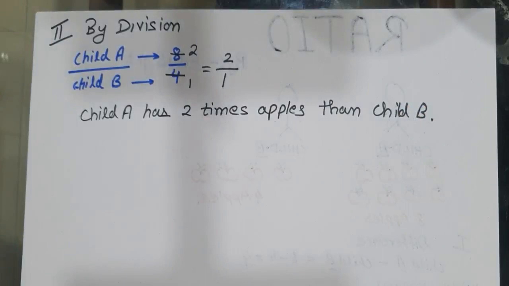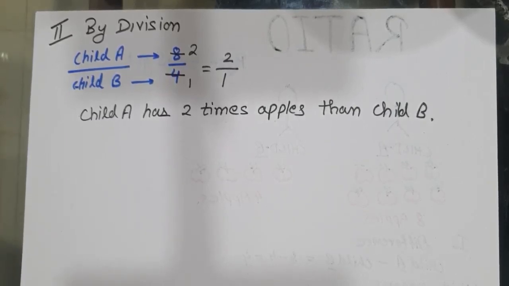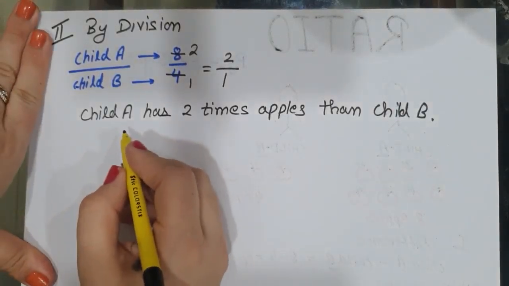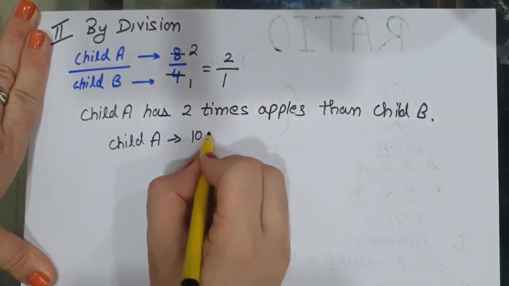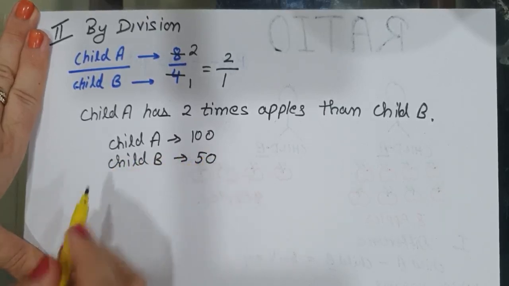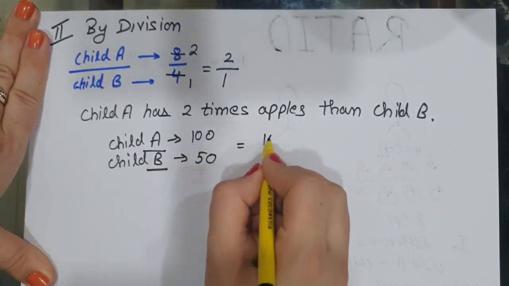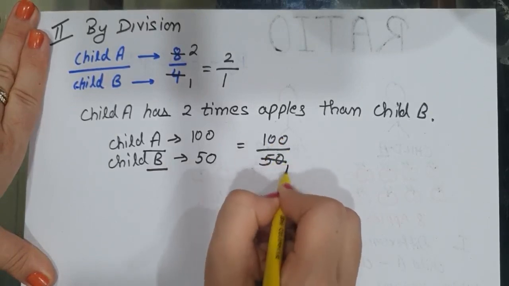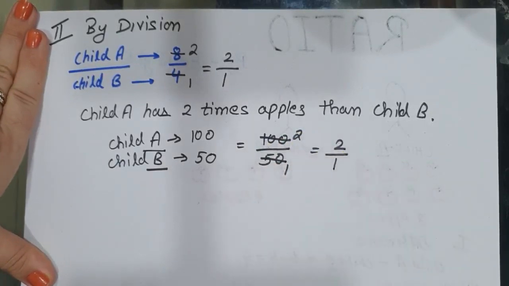Which means this is easy to compare that however many apples are there with child A, child B will have half of it. Child A has 2 times that of child B. For example, if child A is having 100 apples, it means child B will be having 50, because child A has 2 times that of child B. If we find the answer using these two figures, 50 ones are 50, 50 twos are 100, which is equal to 2 upon 1 again.